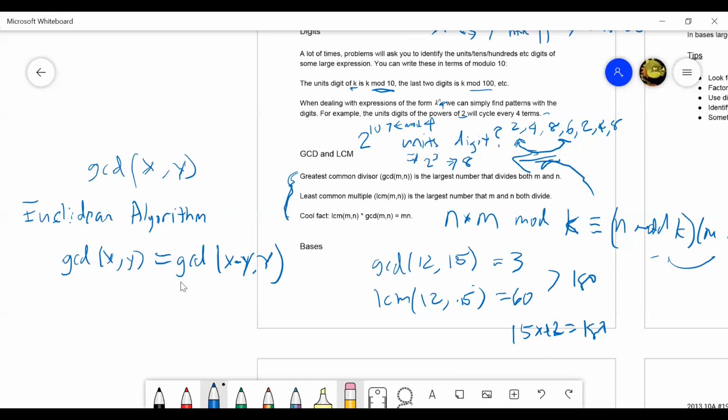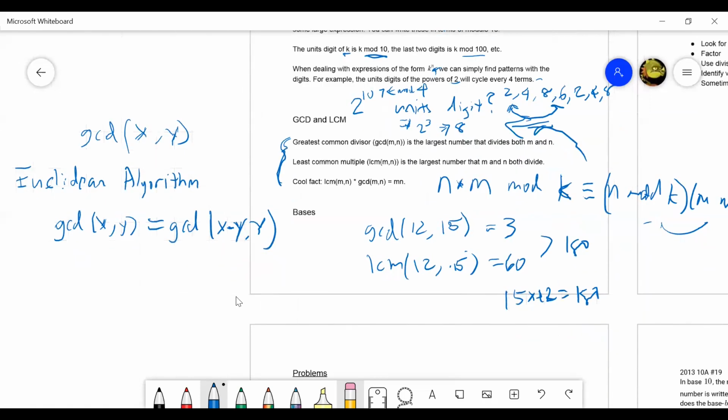Because if it does not divide the difference, then x and y would have different modulo values from each other, and that would mean x and y would not both be divisible by the GCD, which would be a contradiction. So in this way, you can repeatedly compare the two numbers, take the difference, and replace the larger one with the difference, until eventually you get to manageable numbers.